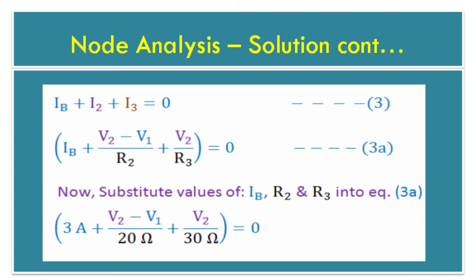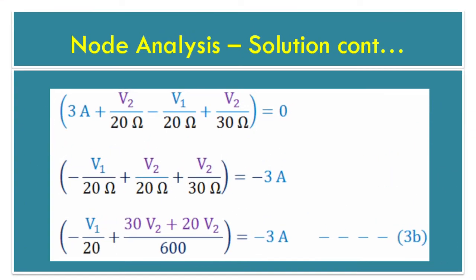Let's separate the denominator of the second term, that is V2 minus V1 upon 20 ohm, and rearrange the equation. After denominator separation, the equation becomes current source 3A plus voltage V2 upon 20 ohm minus voltage V1 upon 20 ohm plus voltage V2 upon 30 ohm is equal to 0.